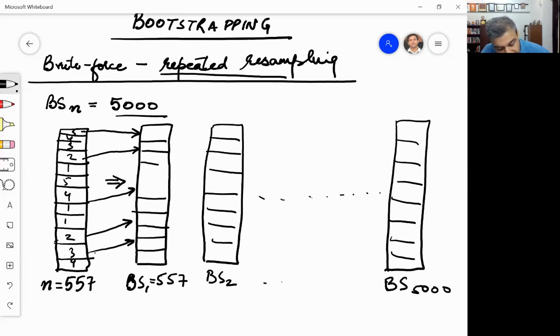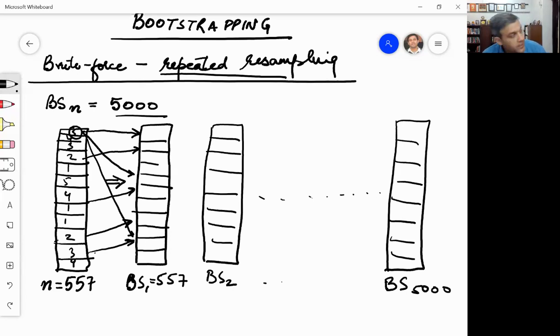That means the same element can figure multiple times in the same data set, right? So it is not that if I have sampled 5 once, I cannot sample it again. I can put it back in the sample and then again pick it and fill my bootstrap sample.